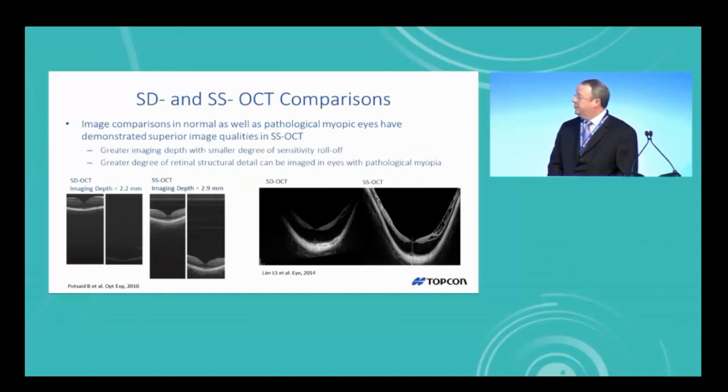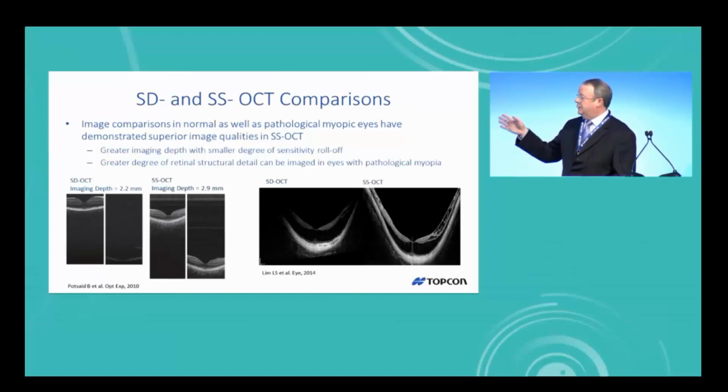On the lower left here, we see images comparing SDOCT and SSOCT and their depth characteristics. For SDOCT, we can see the retina here very nicely when the image is positioned at the top of the display, but when it's positioned towards the bottom, there's a very high sensitivity loss, which translates to an inability to see the details in the image.